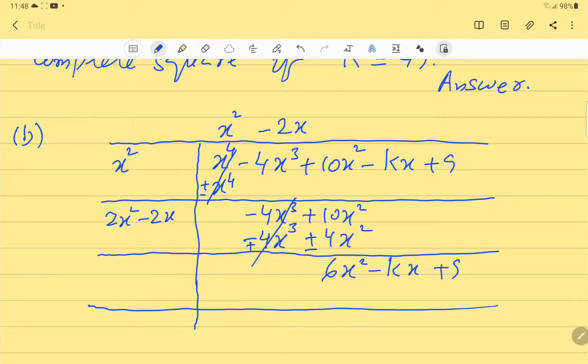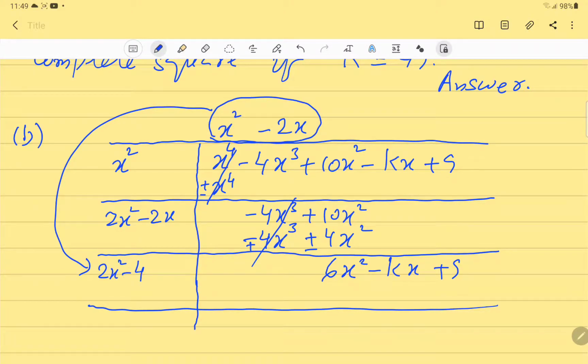Now we will repeat the same process. Again we will multiply it with 2 and we will write it over here. So 2 into x squared is 2x squared and 2 into minus 2x is minus 4x.